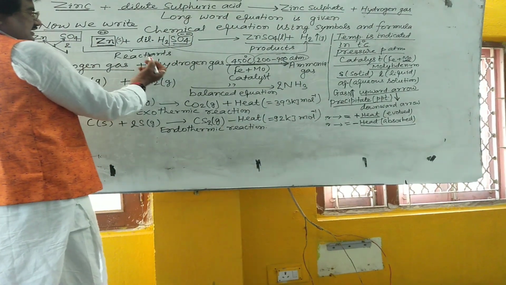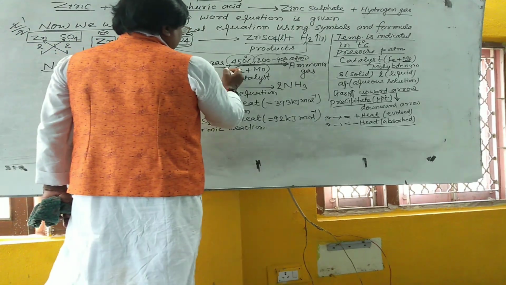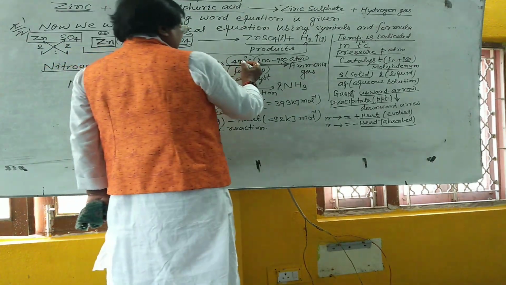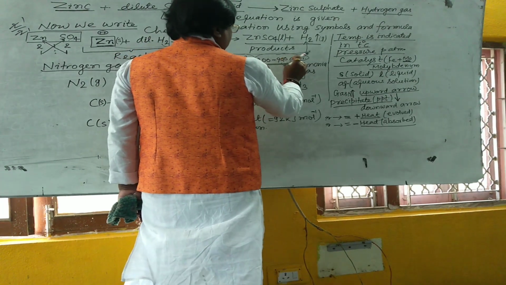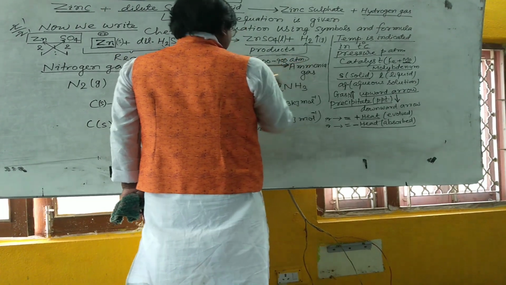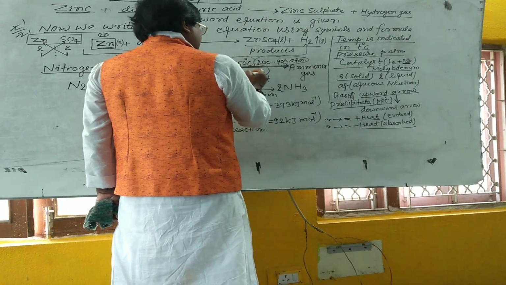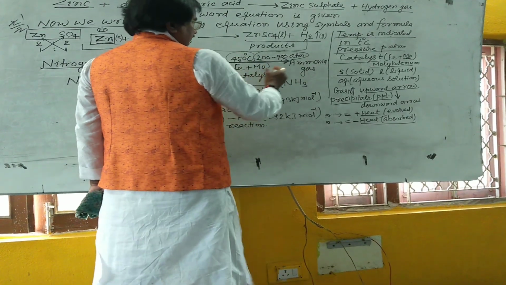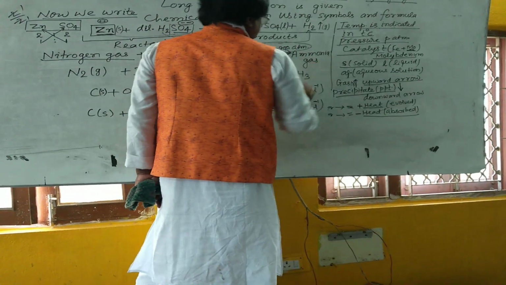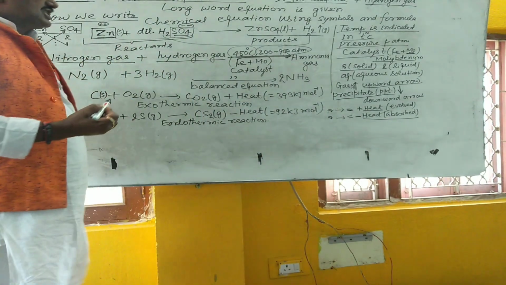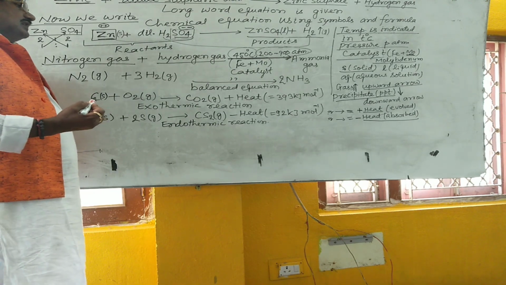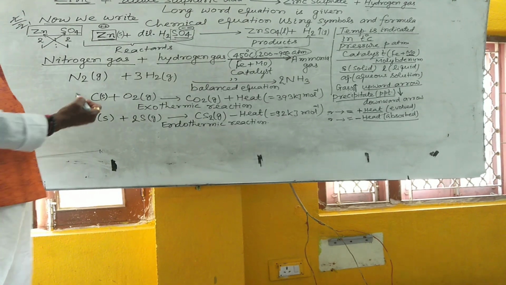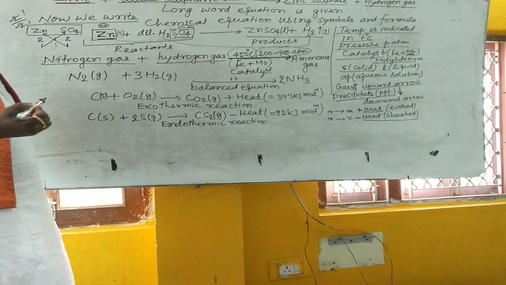Nitrogen gas plus hydrogen gas, 450 degrees Celsius, 200 to 900 atmospheric pressure, Fe plus molybdenum catalyst, and then ammonia gas is formed. This is given as a word equation, and it is said to write in chemical equation form.